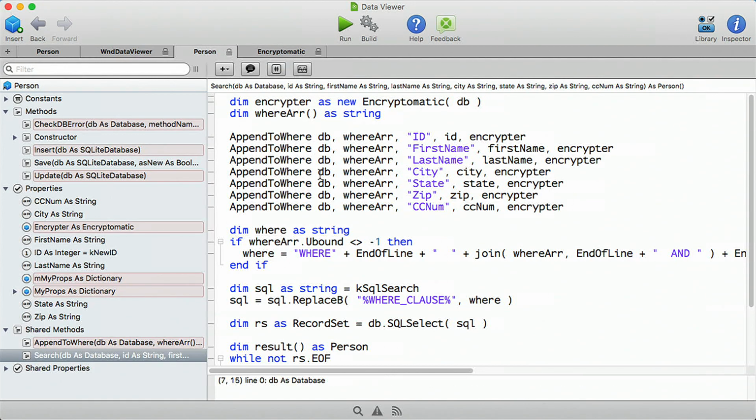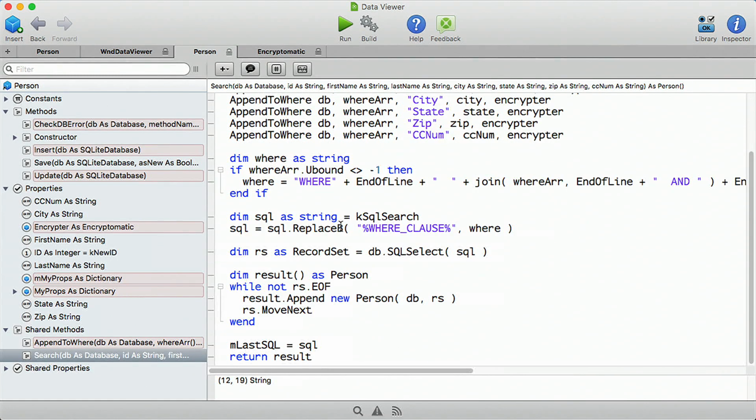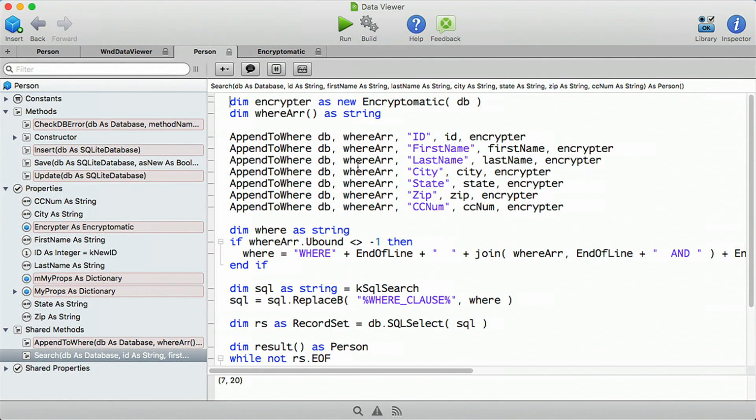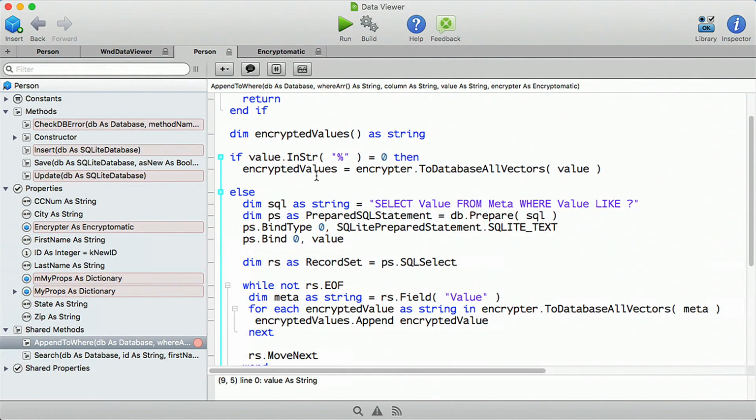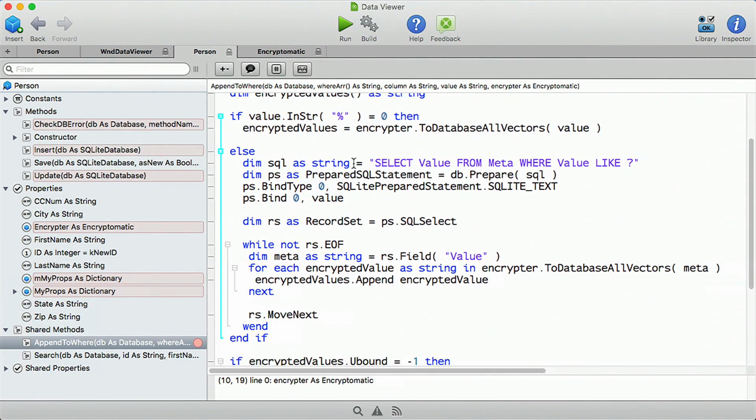So this is the code that actually creates the SQL statement. And you see there's not much here. There's an append to where, which gives it the column name, the information, and what encryptor to use. Append to where will figure out whether you're doing a like search or not.